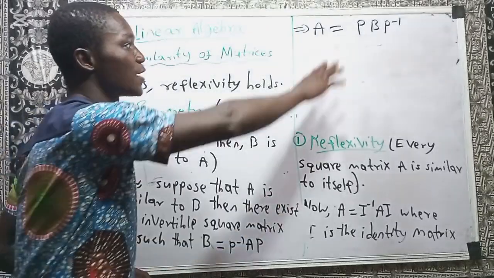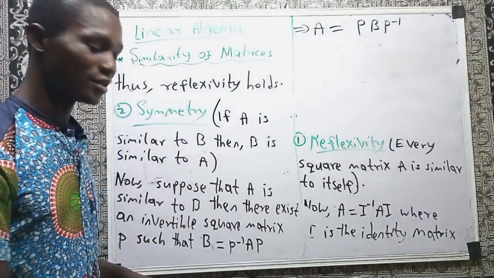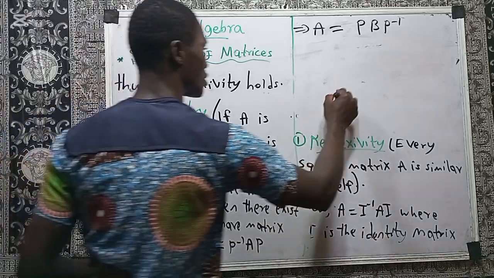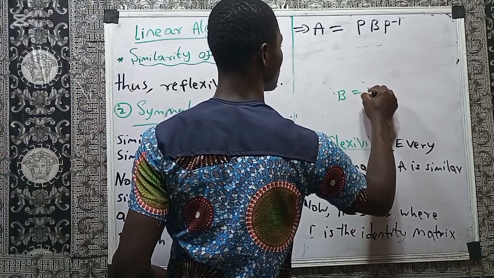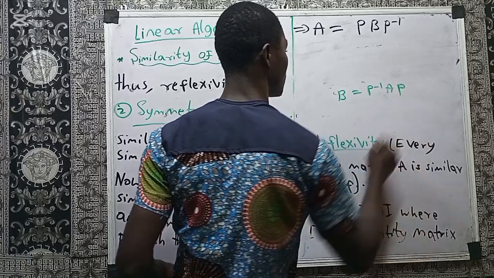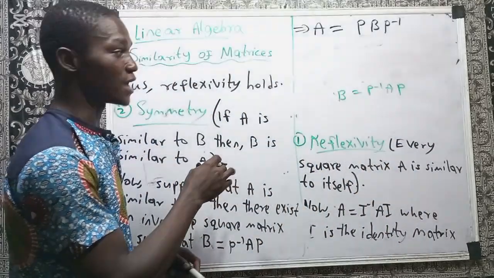If you are confused about how we made A the subject of the formula, the equation we have here is B equals P inverse A P. This is the equation we have, right?